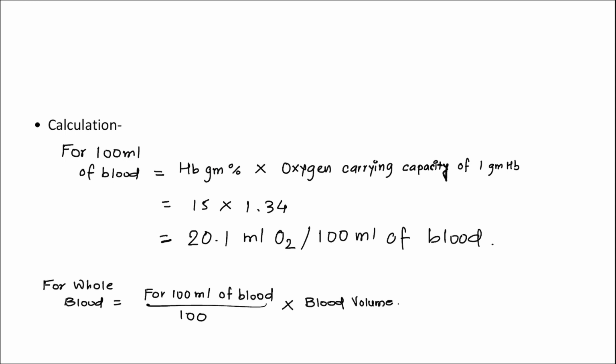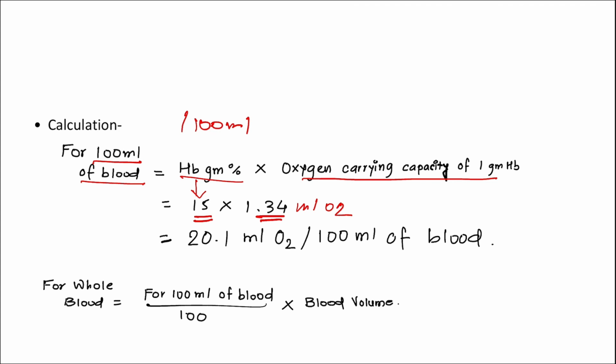So for calculating the oxygen carrying capacity of 100 ml of blood, we just multiply the hemoglobin gram percentage by the oxygen carrying capacity of 1 gram of hemoglobin. 15 grams of hemoglobin is present per 100 ml of blood, and each gram can carry 1.34 ml of oxygen. So by multiplying 15 by 1.34, we get 20.1 ml of oxygen per 100 ml of blood. So it is the carrying capacity of 100 ml of blood.